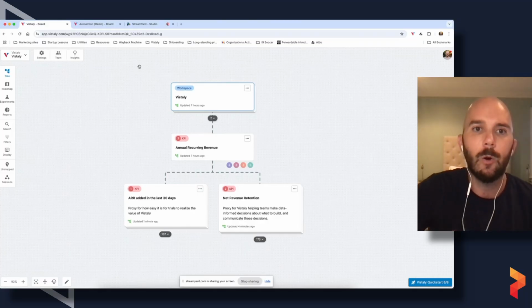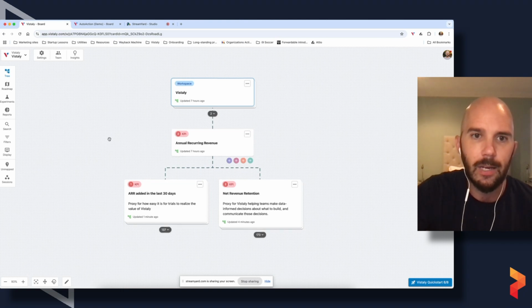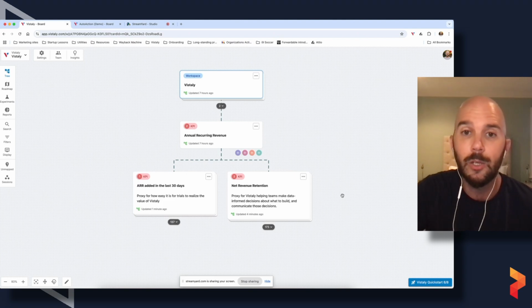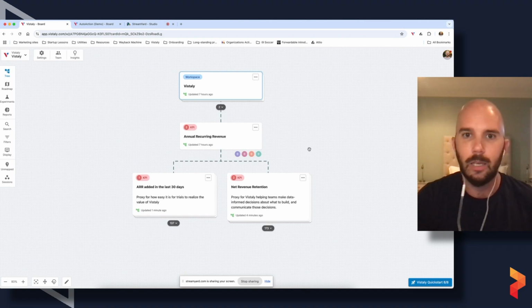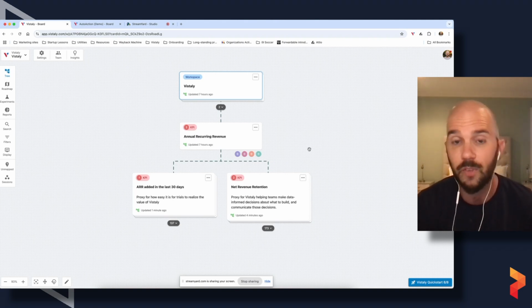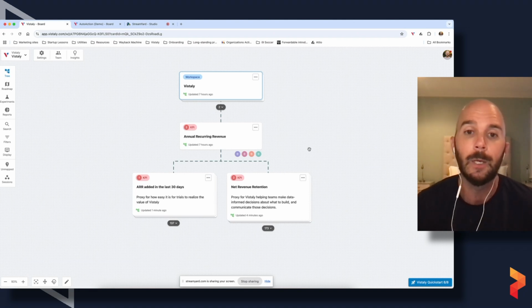Okay. So this is Vistaly, and this is actually our own workspace. I've hidden some of the actual values of the metrics here for now, but I'll show some of the actual data that we're tracking about how users are using our product soon. But at its core, you can think about Vistaly in some ways as a mind mapping tool, not too dissimilar from how teams today use FigJam or Miro to create opportunity solution trees or even do some of this work.